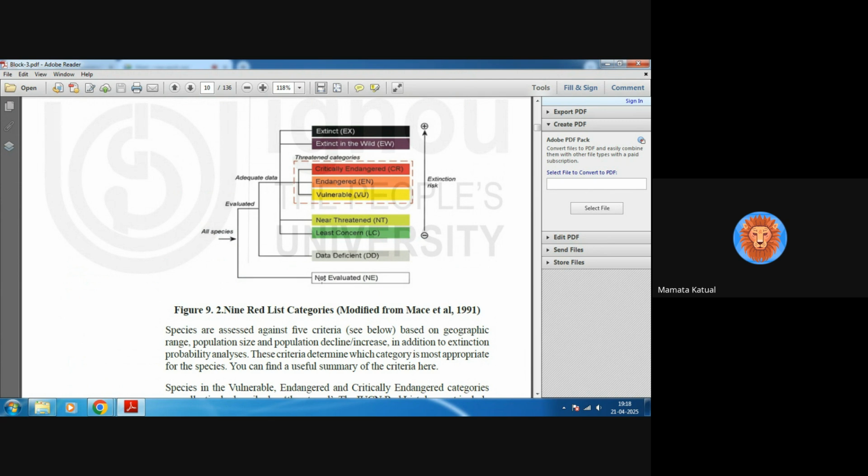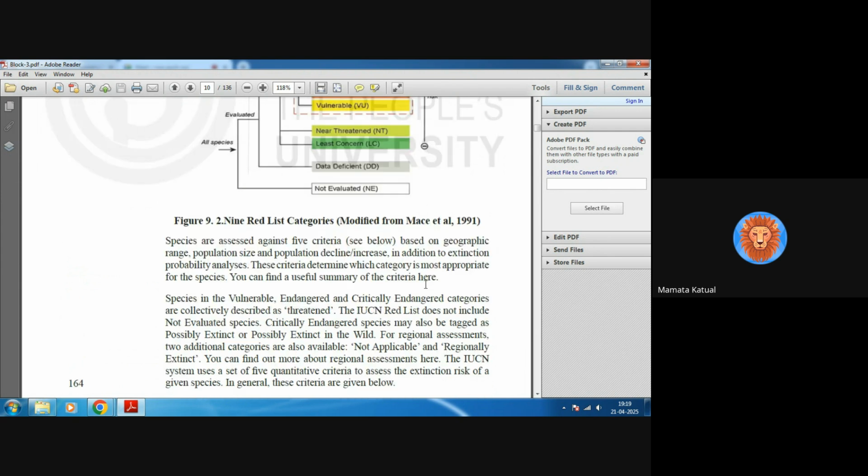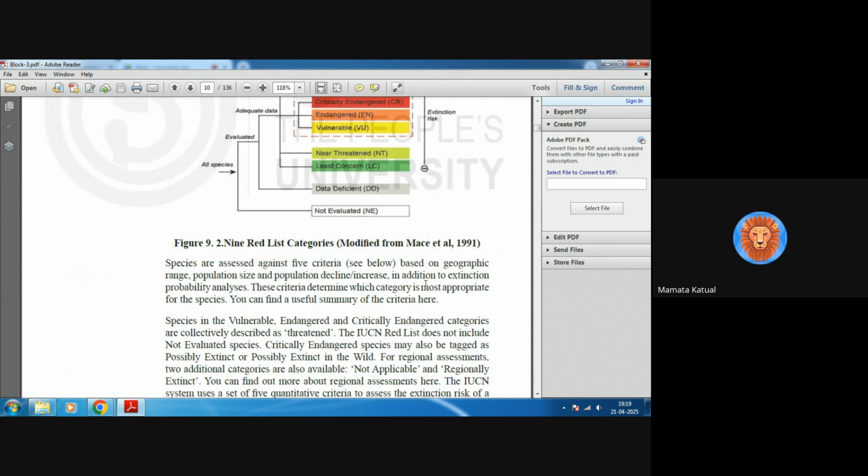So if IUCN has not evaluated it, then it will not include it. Actually, it is given in the list, but according to the IUCN Red List, there is no not evaluated list, because it is not evaluated.